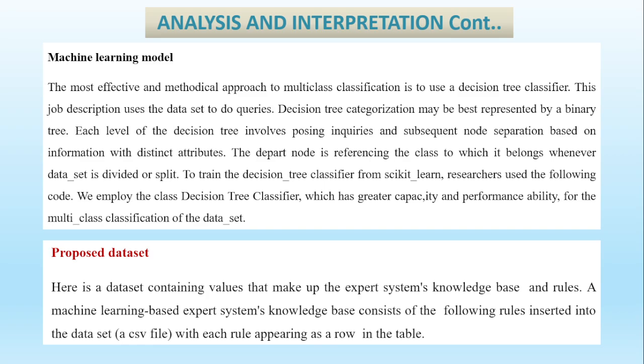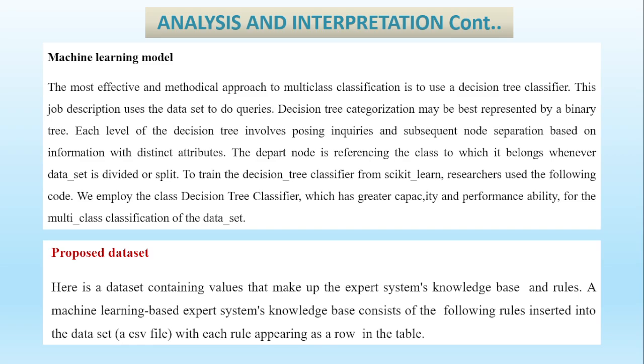Decision tree categorization may be best represented by a binary tree. Each level of the decision tree involves posing an inquiry and subsequent node separation based on information with distinct attributes. The leaf node references the class to which it belongs whenever the dataset is divided or split.